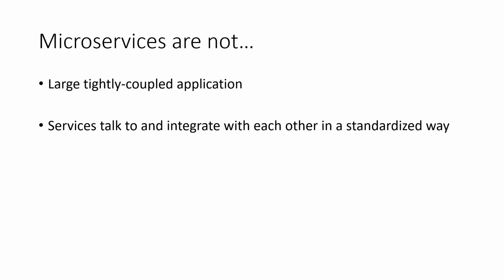SOA was an enterprise-wide effort to standardize the way services talk to and integrate with each other, whereas microservices architecture is application specific. The biggest difference I find in these two approaches is how they are deployed.